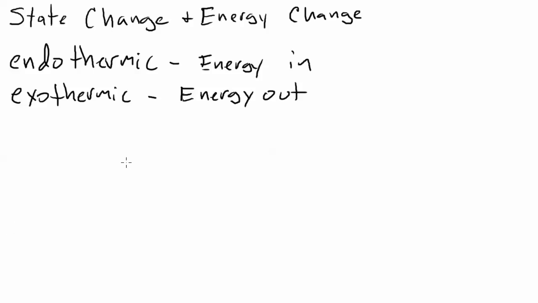All right, so clearly if we're going to have to be able to identify state changes in terms of endothermic and exothermic, we need to know how much energy states have relative to each other. We have looked at this before, but we're going to look at it again. You've got solid, and then liquid, and then gas. There are other states, but that's a subject for more advanced study.